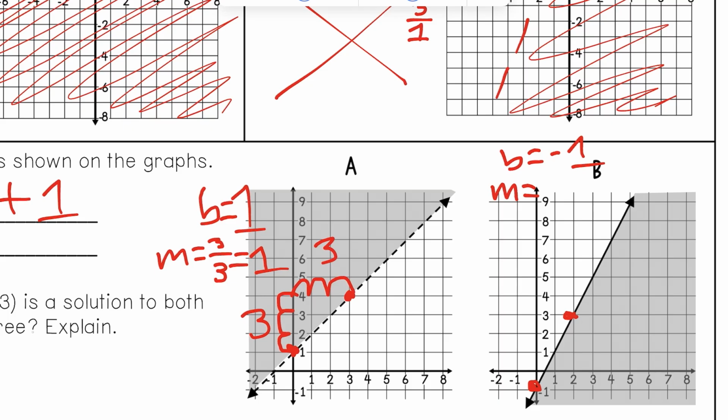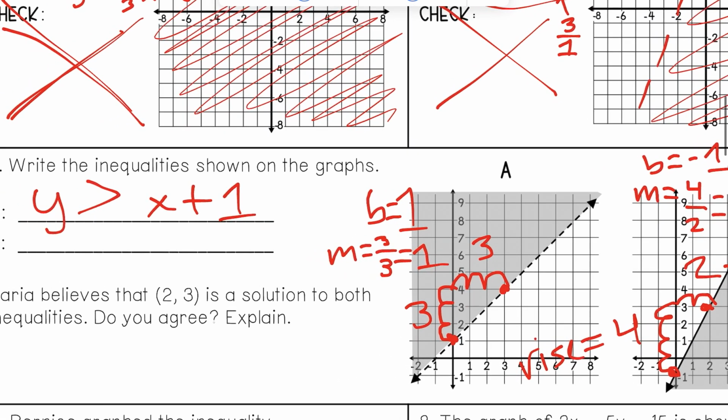It's a clean point, so I'll use that. 1, 2, 3, 4. 1, 2. Oops, sorry. 1, 2. So 4 and 2. This is my run because it's horizontal. This is my rise. So rise over run would be 4 over 2, which is also just equal to 2. So I'm going to bring those numbers over here.